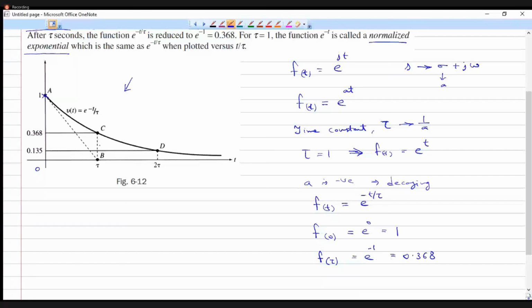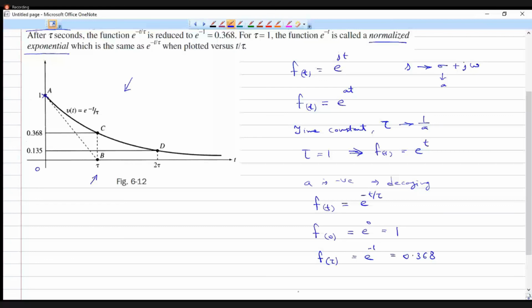So that is a significant point of interest. The value of the exponential function at its first time constant is 36.8 percent of the total value. To find the value, multiply the final value with 0.368 to find out what it is at this particular point.